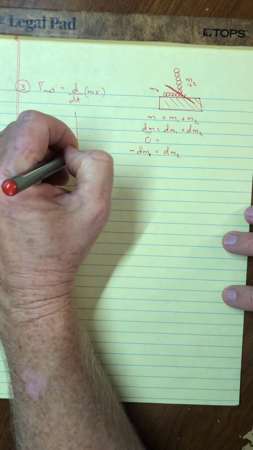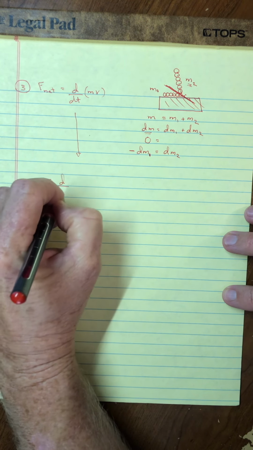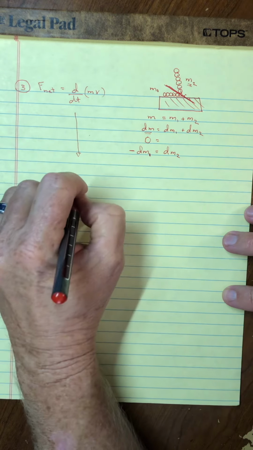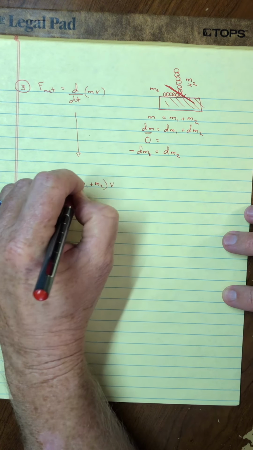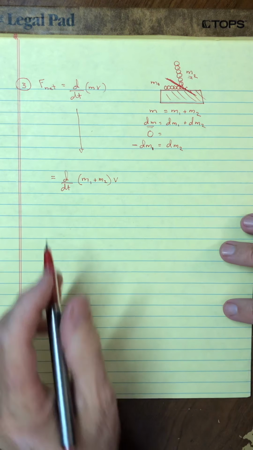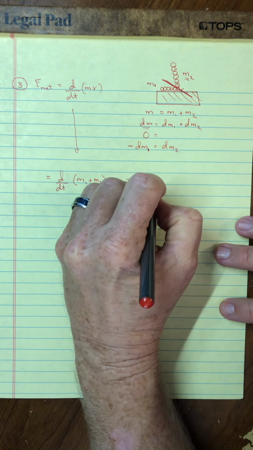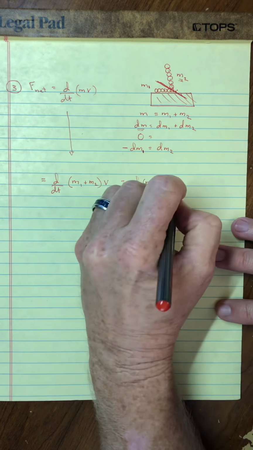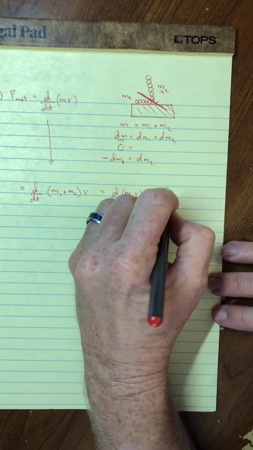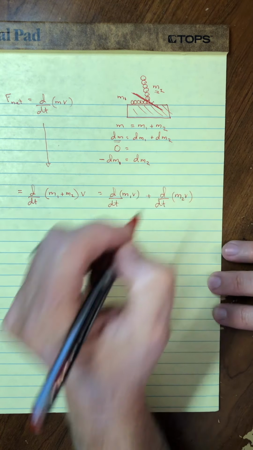So let me do this. Let me take this down here and write that the total mass is m1 plus m2 and whatever speed it has at that moment. Let me also then separate that into 2 pieces. So we've got m1v, dt, and we've got m2v.